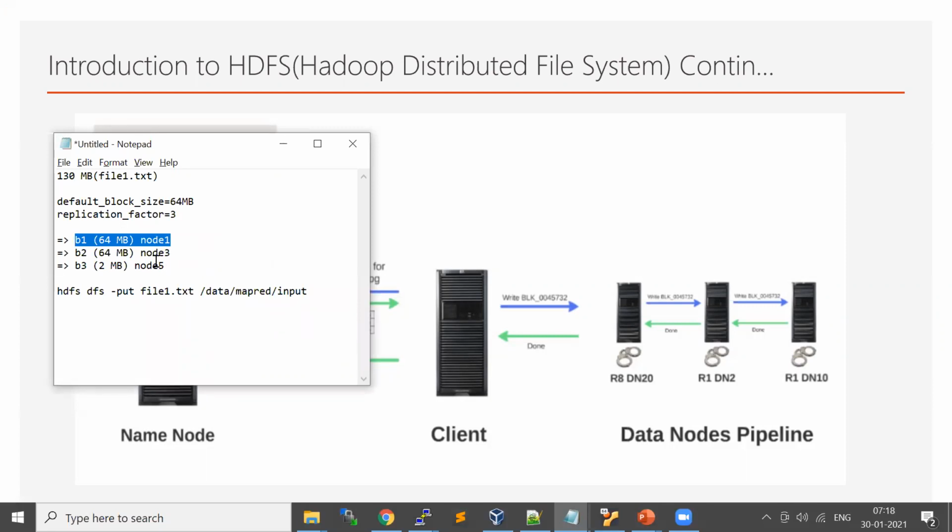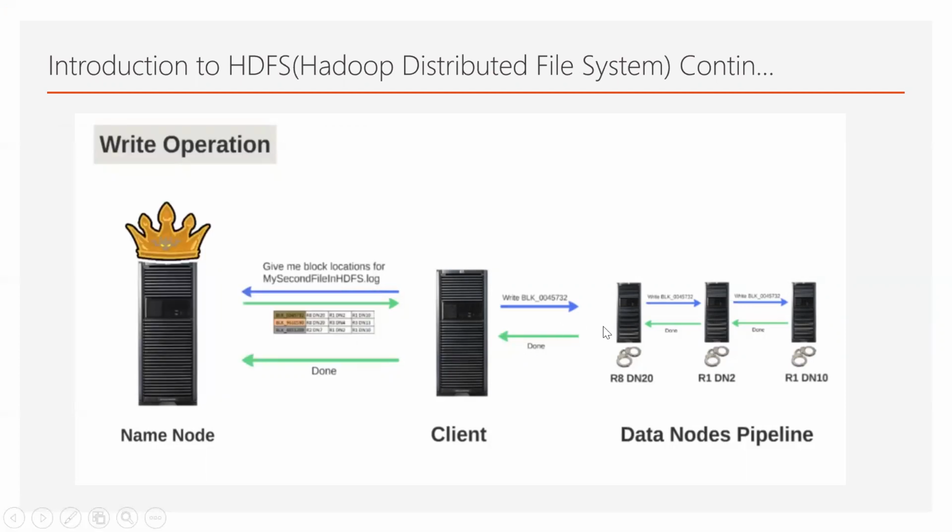The first copies of your blocks run in parallel, and the duplication is not sequential. Once the first copy of block 1 is stored, this data node takes care of storing the other duplicates of that same block on different machines. That is the data node pipeline.